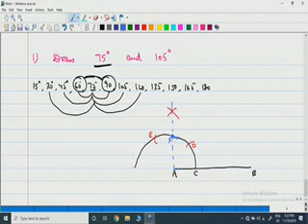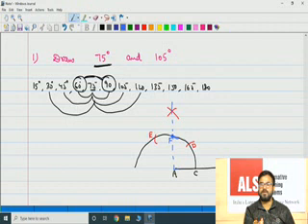Now we have to bisect D and F, because D indicates the 60 degree angle, F indicates the 90 degree angle. So I want to bisect D and F. How to bisect an angle? We have to open our compass more than half of the length of FD. So whatever is the length of FD, open your compass more than half of the length.